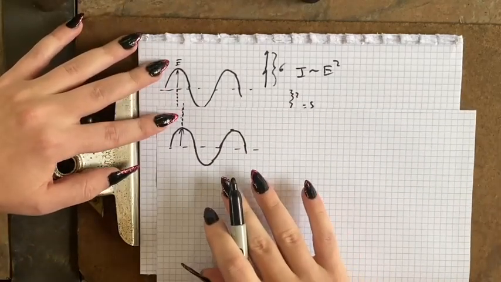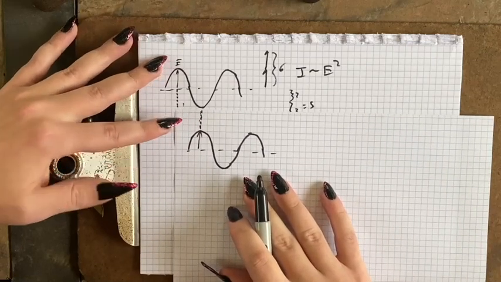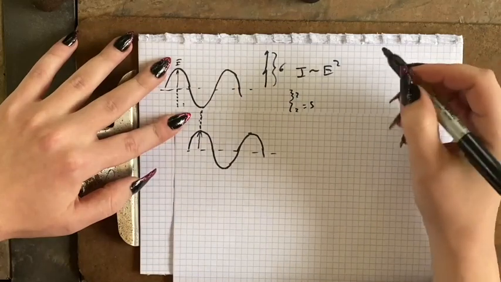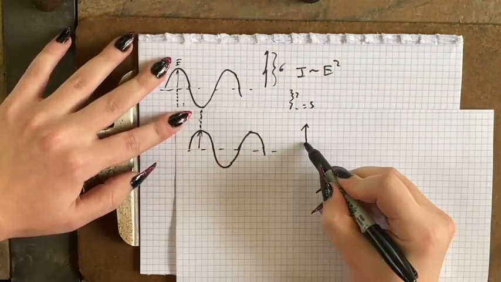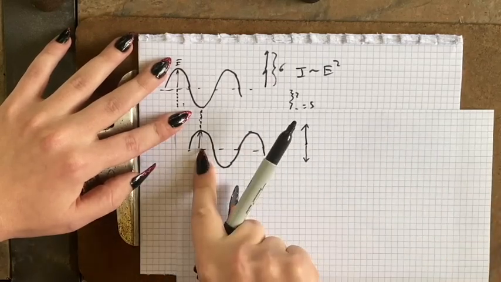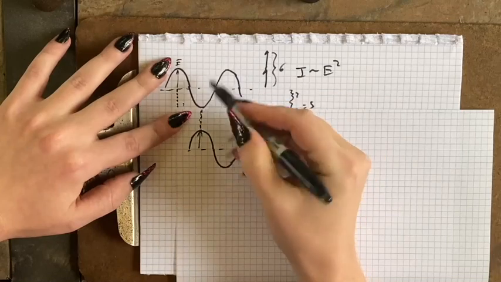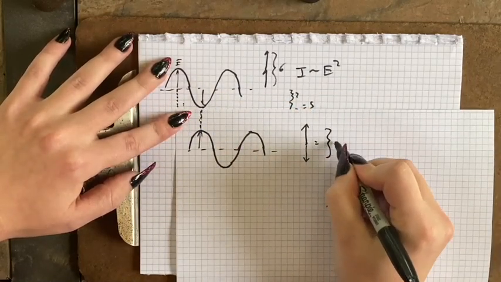So here we've got a little bit of a phase. What if we allowed these to get this far out of sync with each other? That's a situation where this one's 3 up and this one is 3 down. We can see the net result is 0.